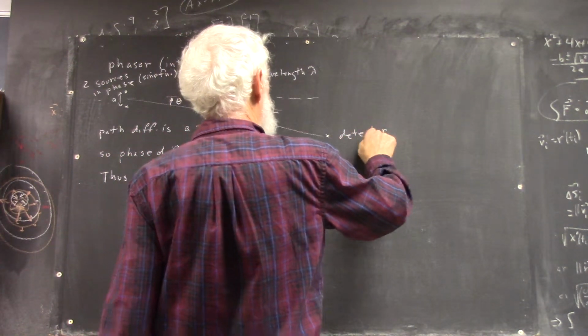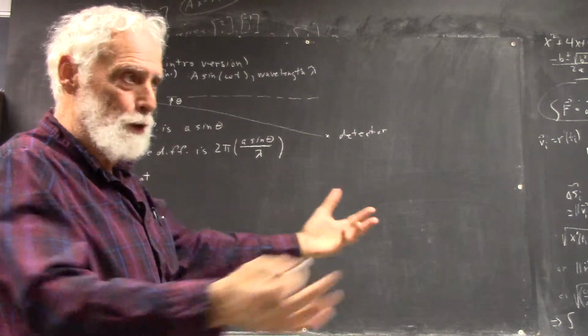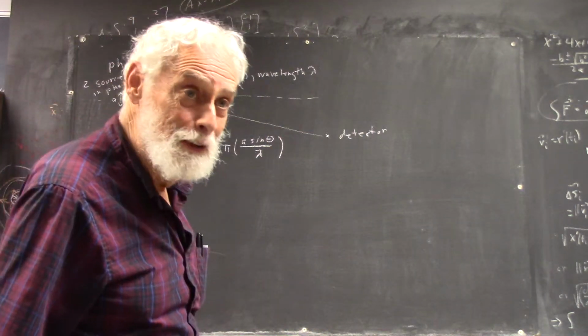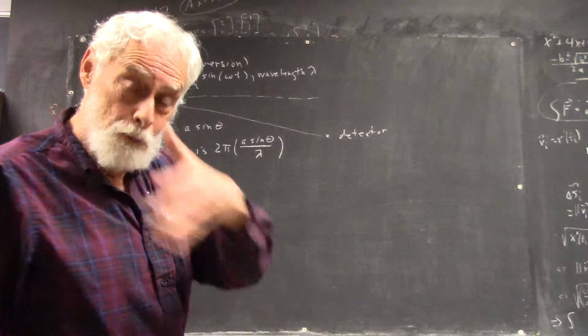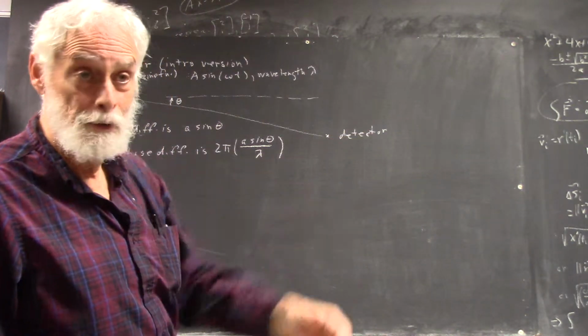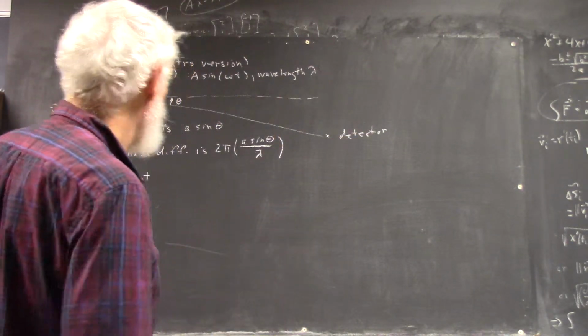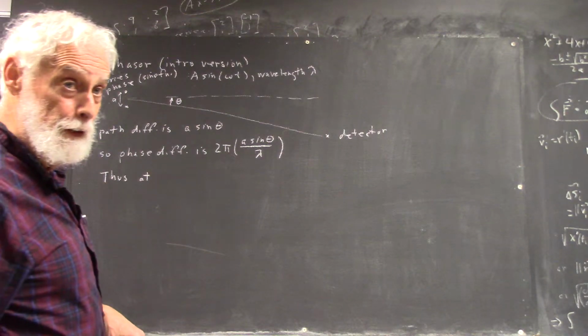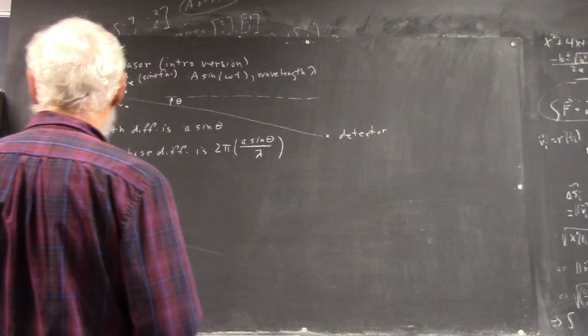This is a detector, which could just be a screen that shows you how bright the thing is, if it's a light wave, like we saw with the laser and the crude diffraction grating.